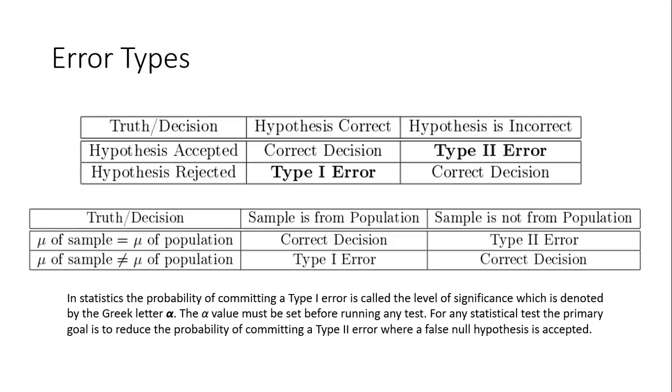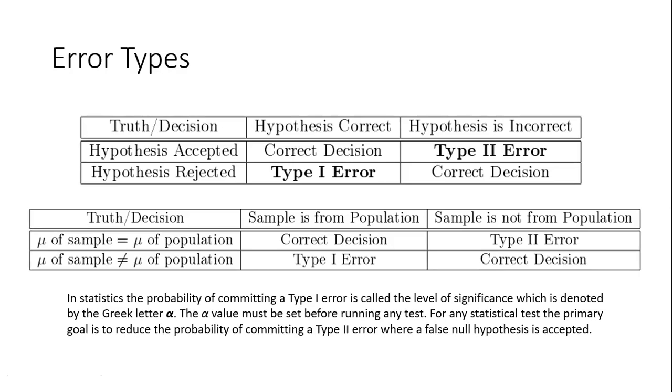Let me put it as a justice system problem. Let us say you are a judge, and you have a person in front of you who is being judged, and let's say that person is actually guilty. You know, that's the truth.